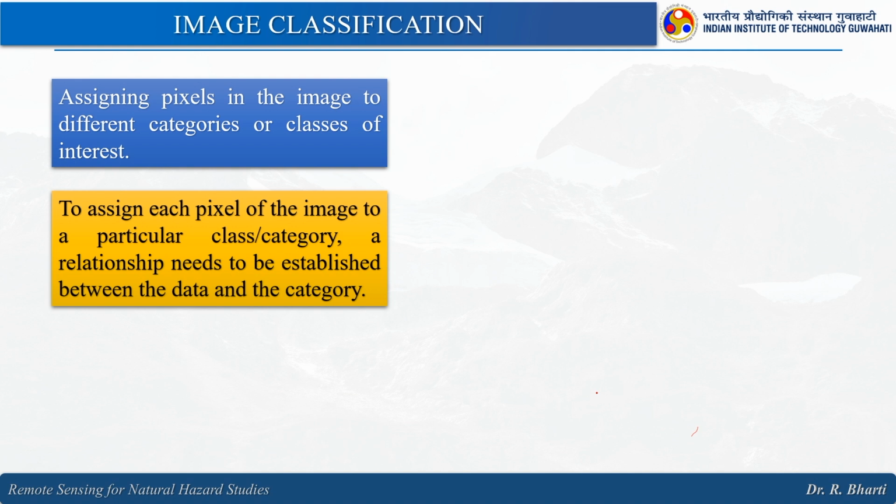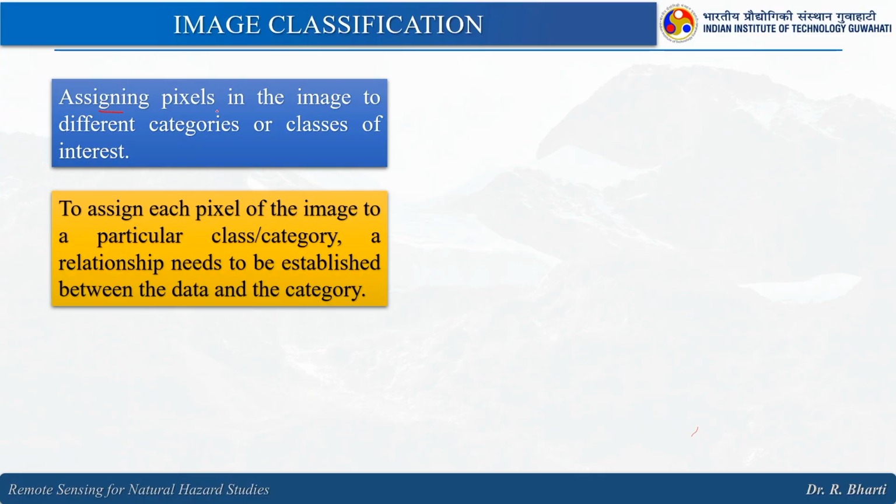Or suppose we are going for landslide related studies, then we need several parameters. Remote sensing can provide you parameters which are captured from space, which were not easy to capture in the field, right. So, image classification is a process by which you can generate your inputs for your analysis, right.